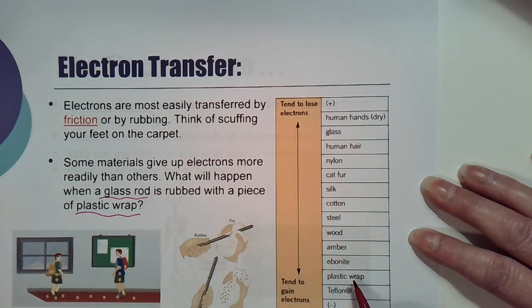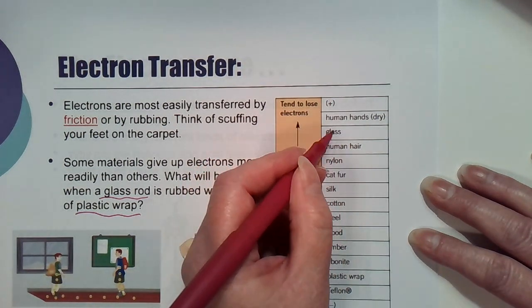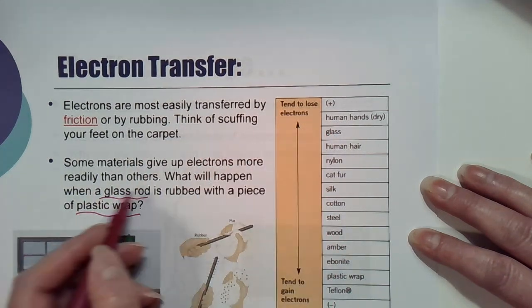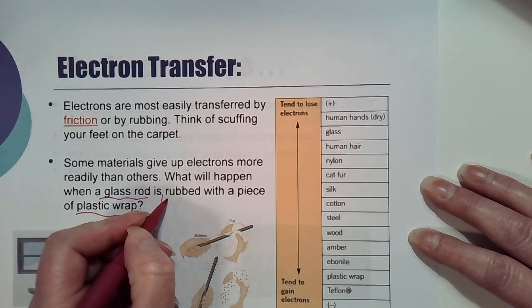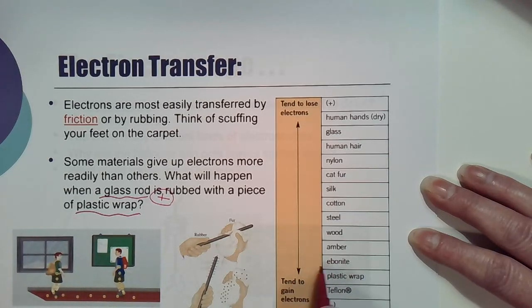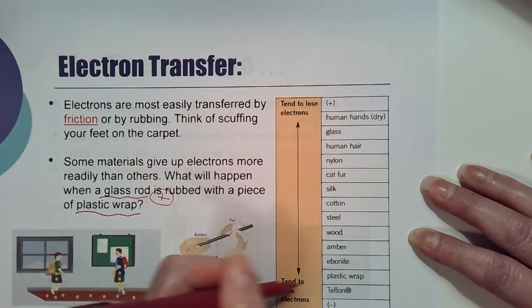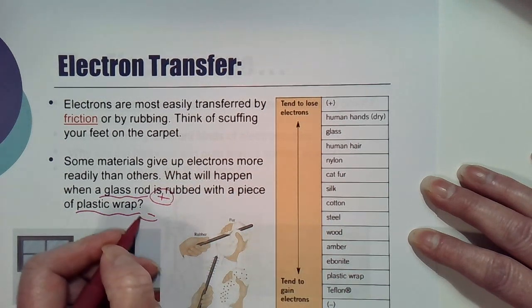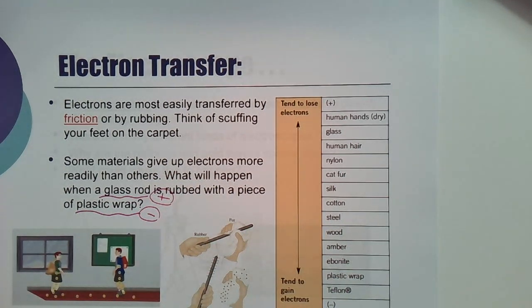So I'm guessing that some of the electrons went away from the glass. That would make the glass turn positive. And the electrons, when they go away, they have to go somewhere. They went to the plastic wrap, and then my plastic wrap became negative.